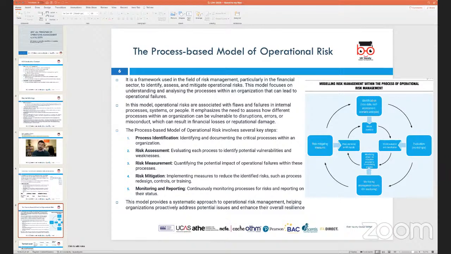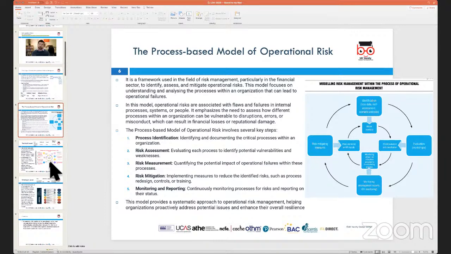And in order to better manage these risks, they have to employ the process-based model of operational risks to isolate risks which are affecting or creating adverse events for the organization, and then look at stabilizing the operations of the organization. And that is where this particular model comes in quite handy.